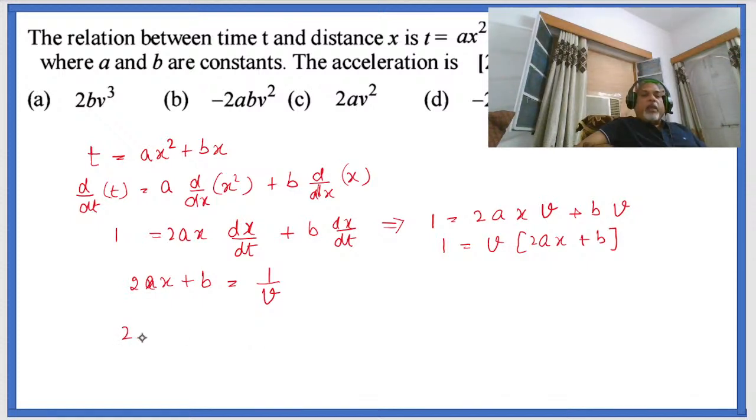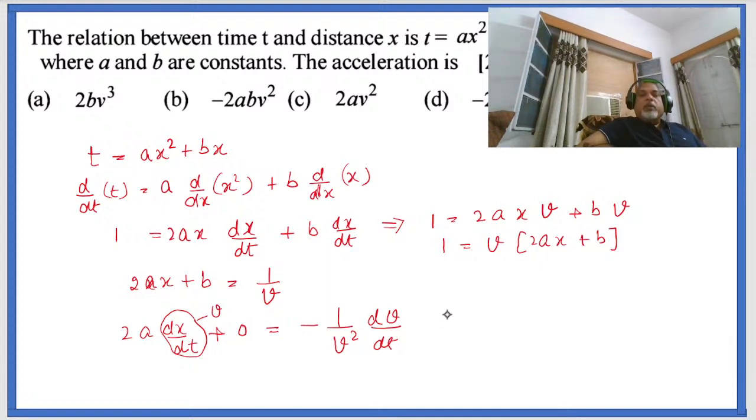If we again make it dx upon dt, then this will be 0 because it is a constant, and this will be your 1 upon v square dv upon dt. Correct? And what is this? This is also your v.